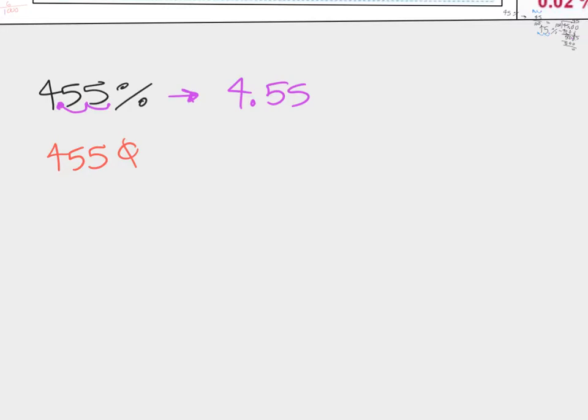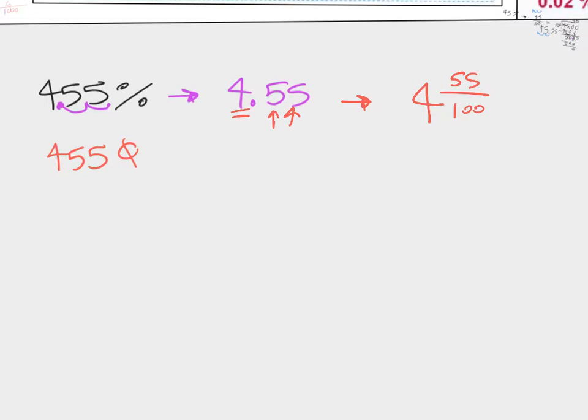So your actual fraction is going to have the whole number 4 still there. It's not going to get removed. The 4 wholes are still 4 wholes. And then 55 100ths, or if you don't know the place values, you know it's 55 over, and there's 2 places, so you have 2 zeros with a 1.